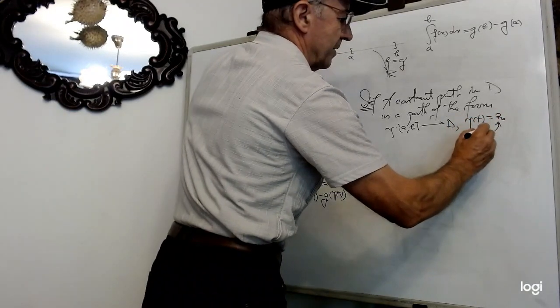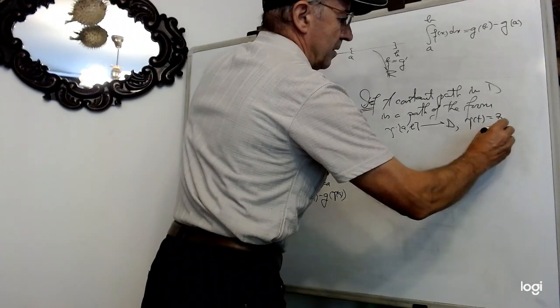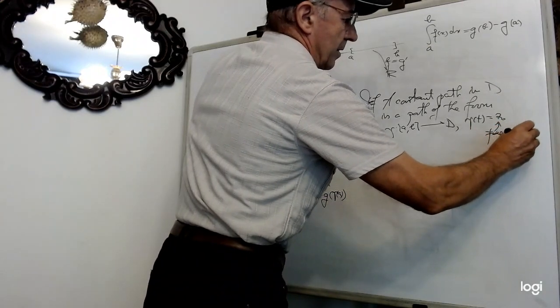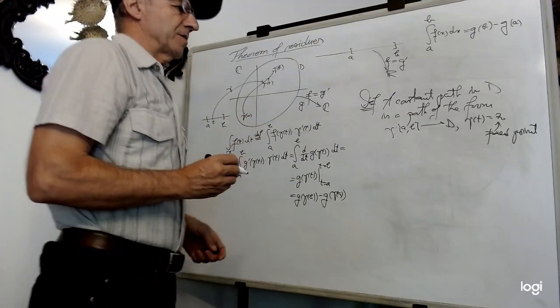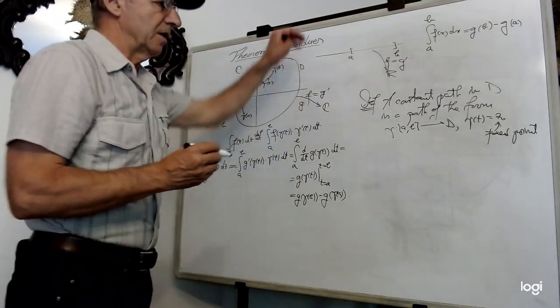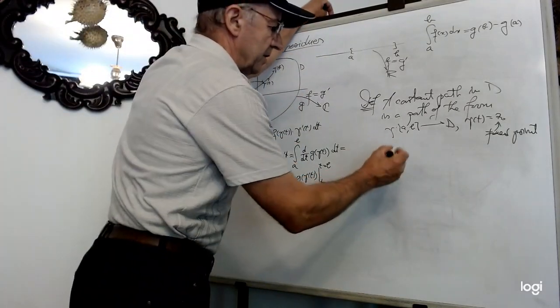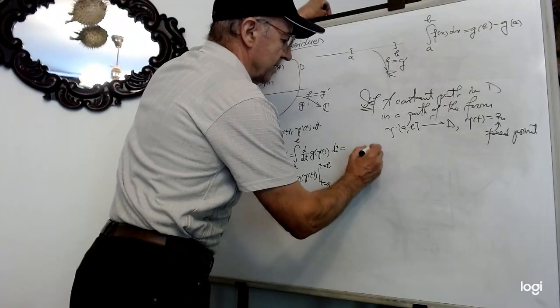This is a fixed point. So the image of this path is just a point.